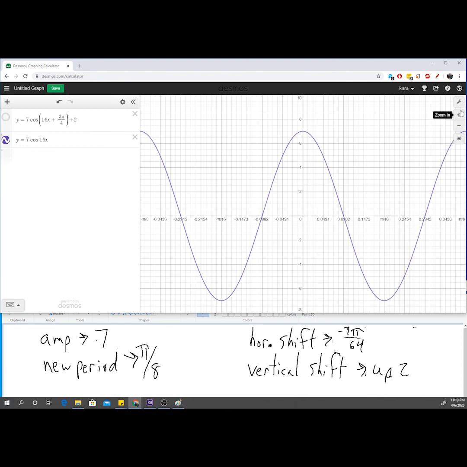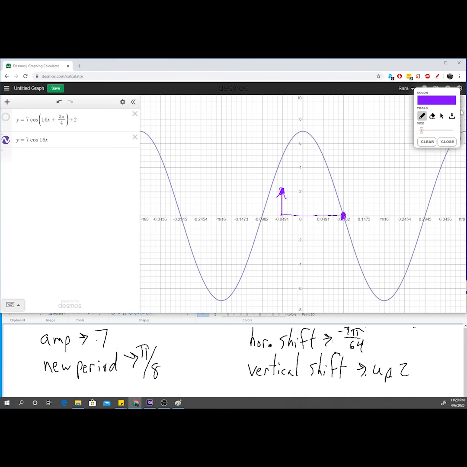So that means that any given point that I'm going to use is going to move 1, 2, 3 of those to the left, and then move up 2.